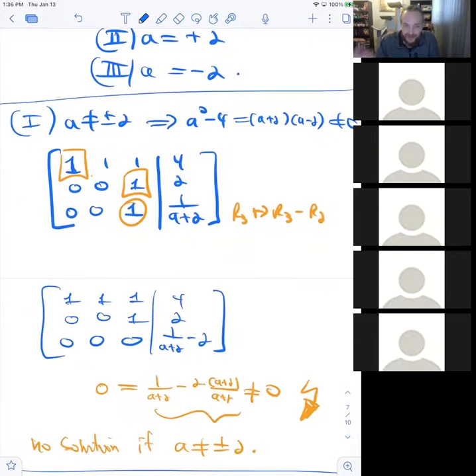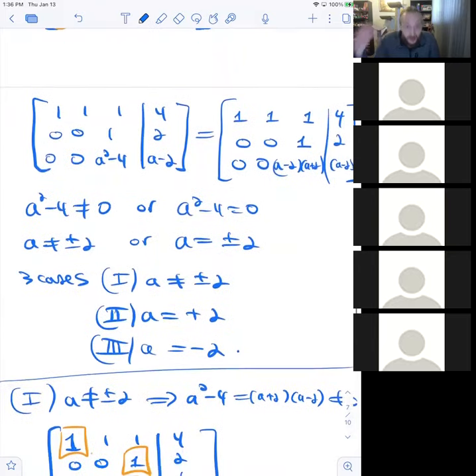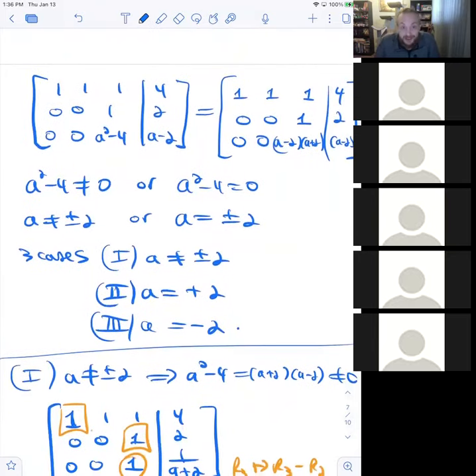This game of finding the a's is making you do this mantra: make sure it's in row echelon form, or reduced row echelon form is fine as well, but REF will do it for most things. And determining whether I have one solution, no solution, or infinitely many solutions always comes from assessing what cases I have in these a's and b's, and then looking at the augmented matrix in that case.